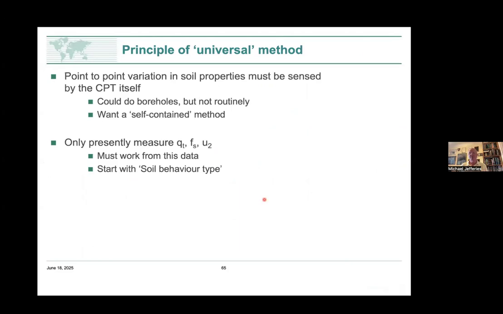Well, with a self-contained method, if we are measuring in, say, a silty sand, then we can guess some properties of lambda and kappa and whatever, and then we can use those to estimate the Ks.